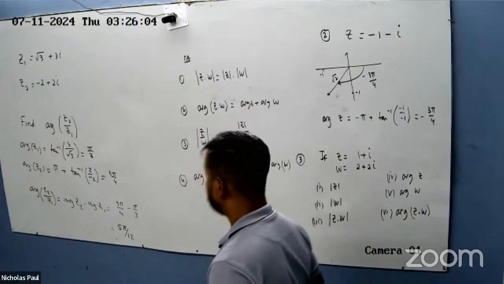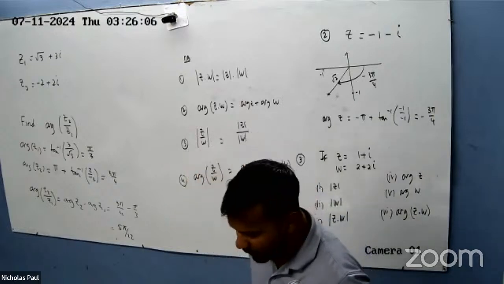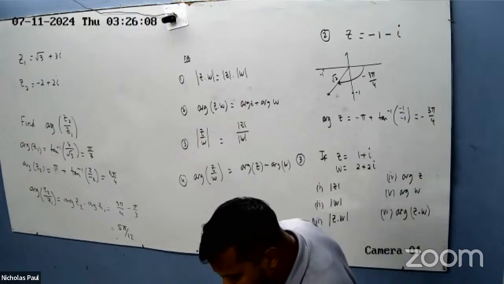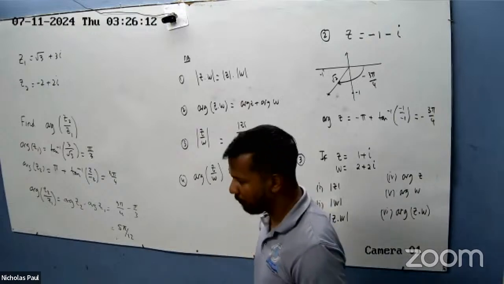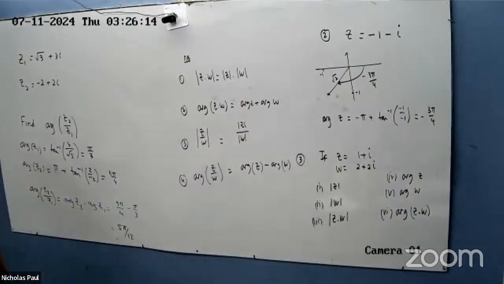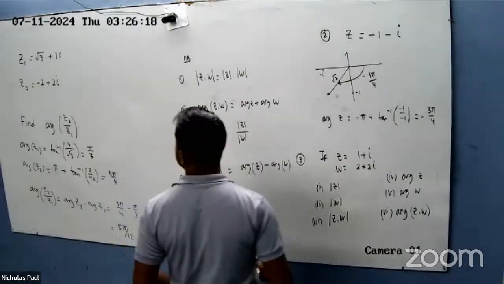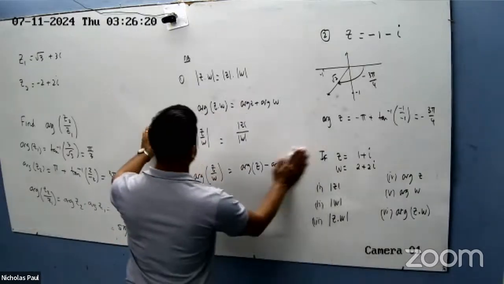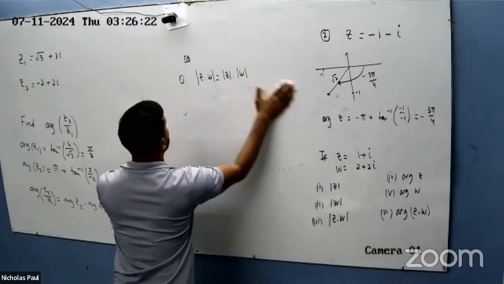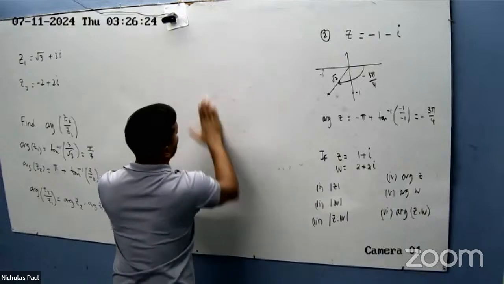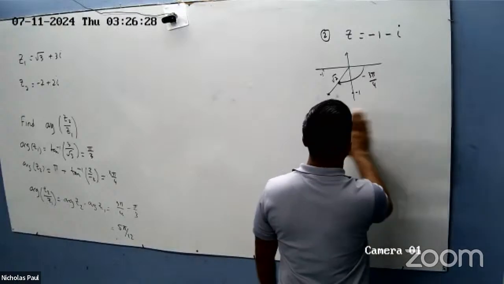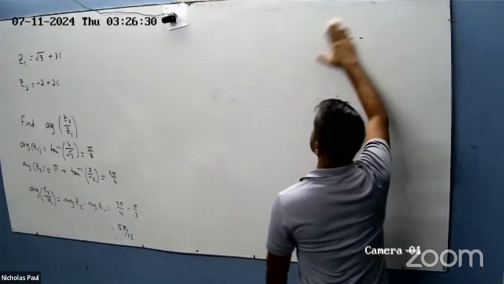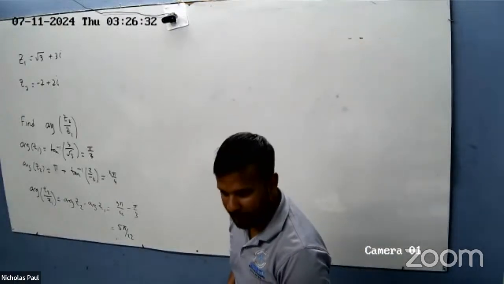Right. Let's take a look at this here. This basically came for 4 marks in 2019. Let's look at this example here.